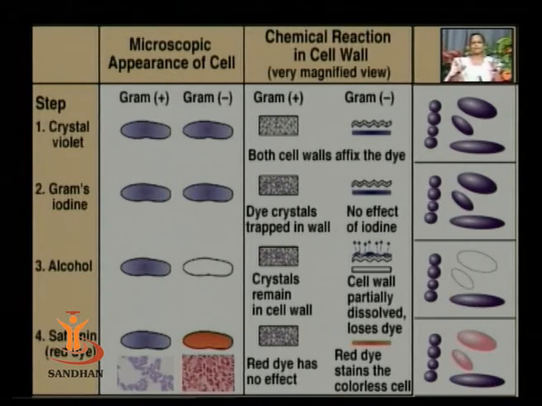When you apply the decolorizer, both gram-positive and gram-negative cells have retained the primary stain, but in gram-negative cells, because of the thin layer, the iodine complex easily gets washed off. When you apply the counterstain, they take up the color of the second stain. So you can differentiate two colors: purple is for gram-positive and red is for gram-negative.